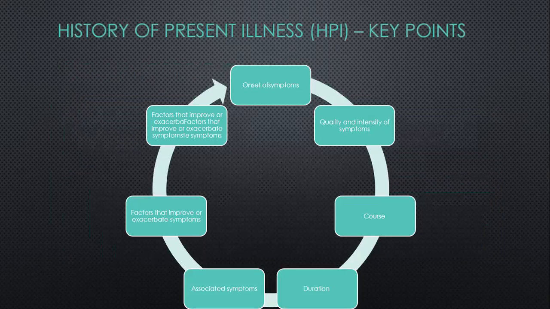So as I was telling you, we're going to focus on some key points. Okay, what are those key points? The onset of symptoms, right? And that onset means inicio, okay? Onset of symptoms, the context and the location of any symptoms that your patient might have. The second would be the quality and intensity of symptoms. For example, when we're trying to grade our patient's symptom, which would be pain, right?